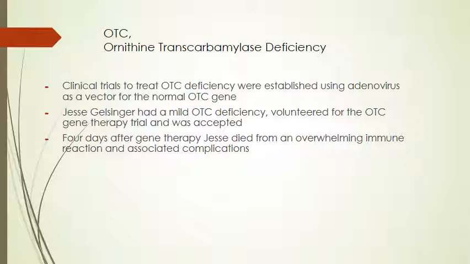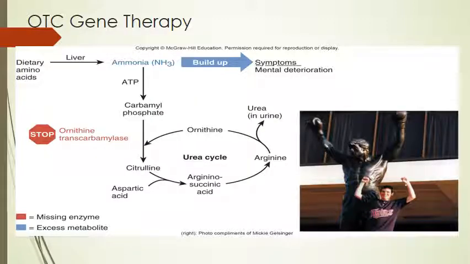Jesse's organ systems began to fail. 4 days later, he was brain dead, and he was taken off of life support. This is actually a picture of Jesse, as well as the metabolic pathway by which the ammonia needs to be broken down, and how if the ammonia builds up, it can cause mental deterioration.